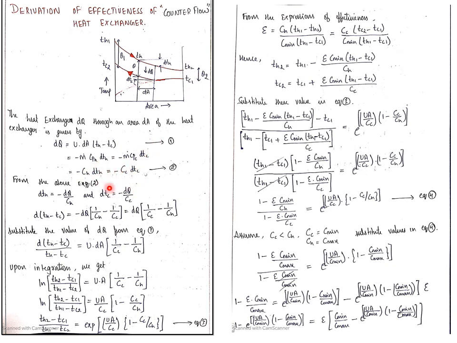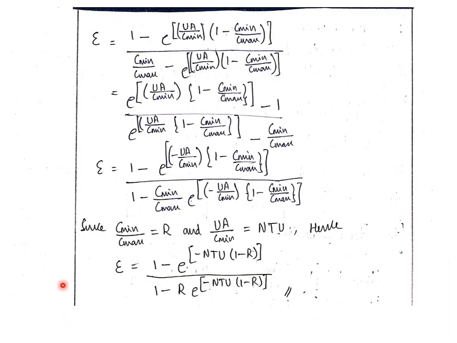And the negative sign will come because here the cold fluid is gaining heat in the reverse direction. So this is the only change. In the rest, the procedure remains the same, the calculations and all. The ultimate equation, the effectiveness of a heat exchanger in parallel flow and counter flow in terms of NTU, is also available in the data handbook.